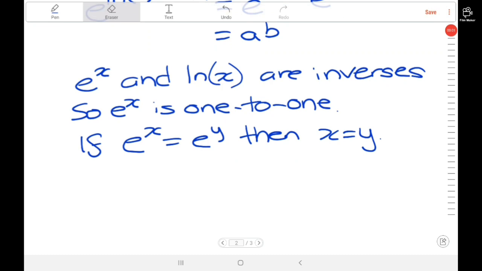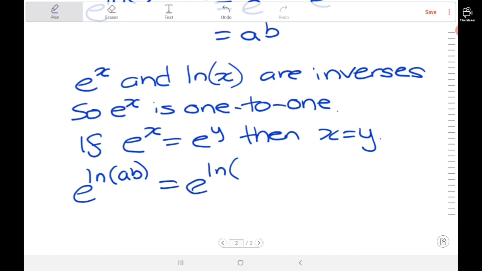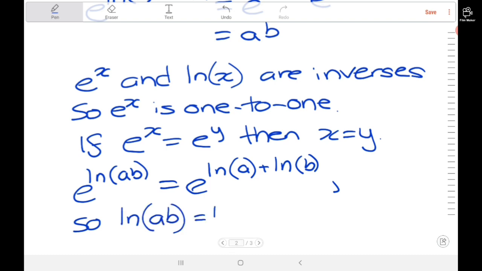And before, we calculated that e to the power of the natural log of ab is the same as e to the power of the natural log of a plus the natural log of b. And so we can conclude that the natural log of ab is equal to the natural log of a plus the natural log of b.